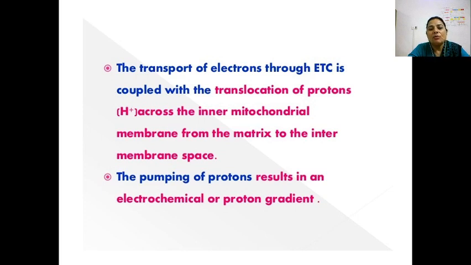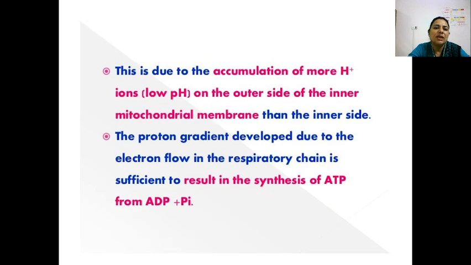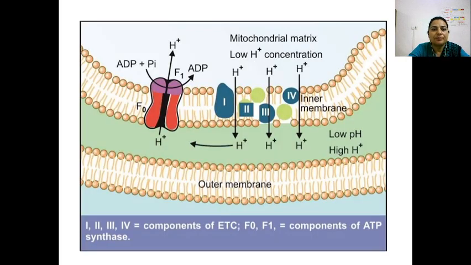The pumping of protons results in an electrochemical or proton gradient. This is due to the accumulation of more hydrogen ions on the outer surface of the inner mitochondrial membrane than the inner side. The proton gradient developed due to the electron flow in the respiratory chain is sufficient to result in the synthesis of ATP from ADP and inorganic phosphate.